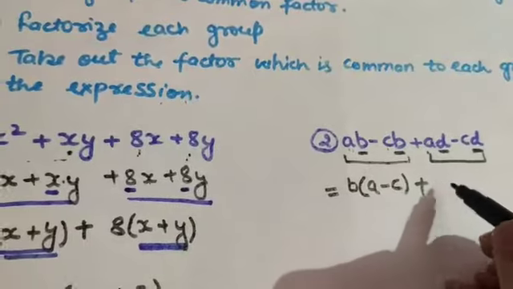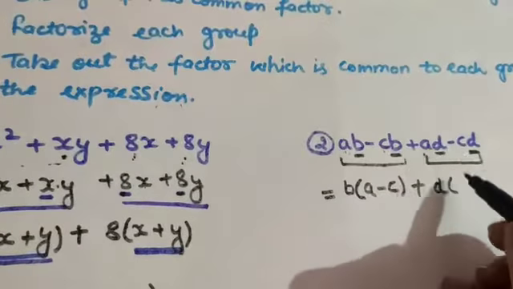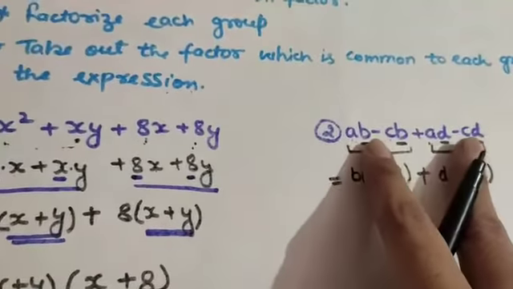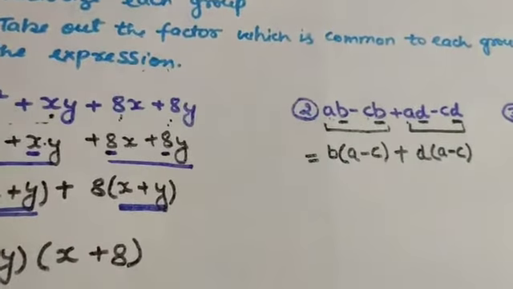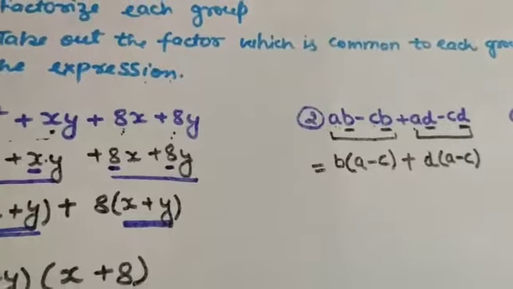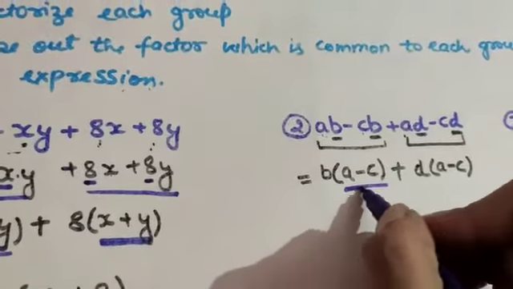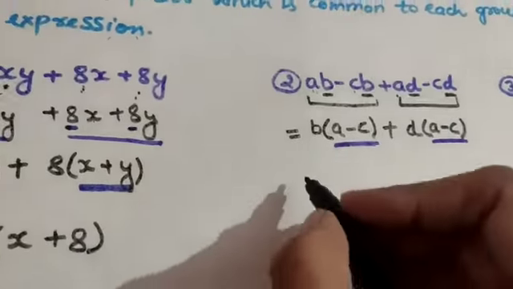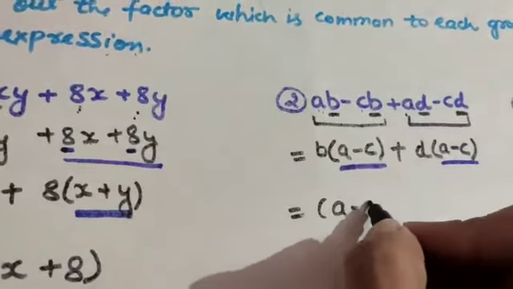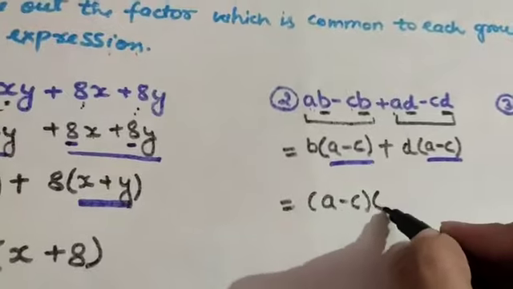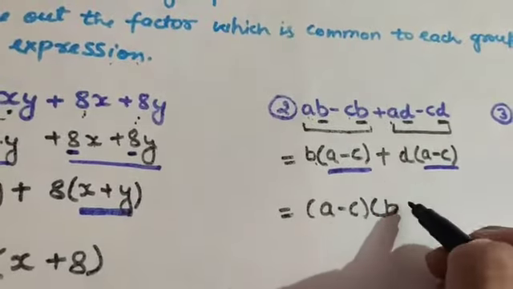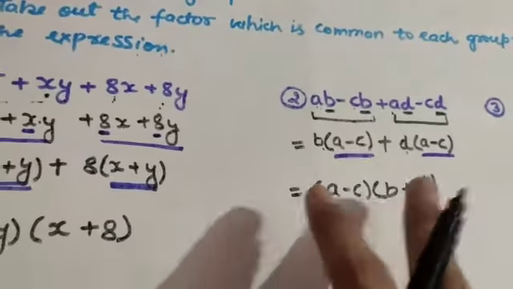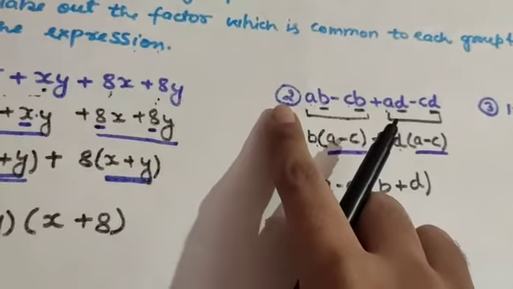D is common. Now A and minus C are left. So we have done the factorization of both groups. Now take out the factor that is common. What is common? It's A minus C. So take out A minus C as common and what is left is B plus D. So this is the factorization of this algebraic expression.